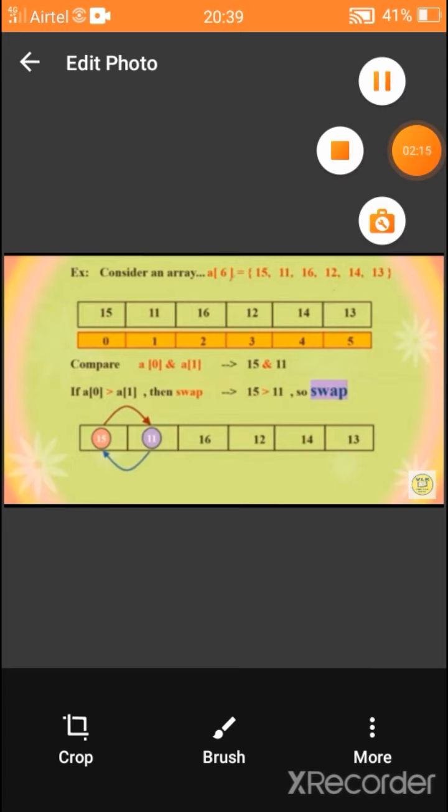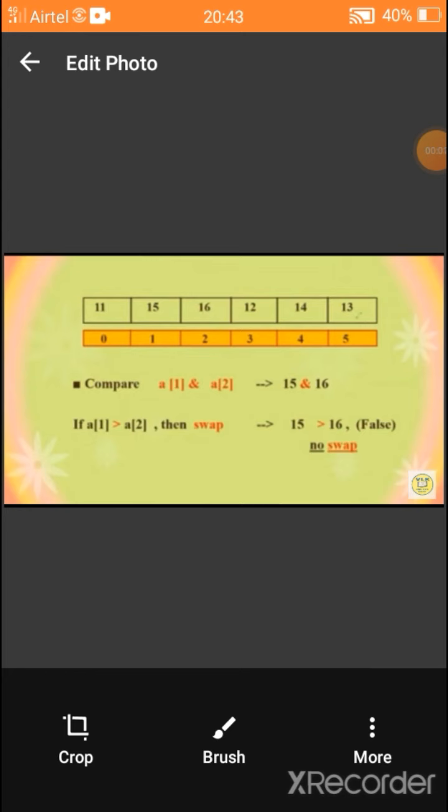Look at the example of bubble sort. After swapping, 11 comes to index 0 and 15 goes to index 1. Is it clear? So now we are going to check the next pair, that is 15 and 16.